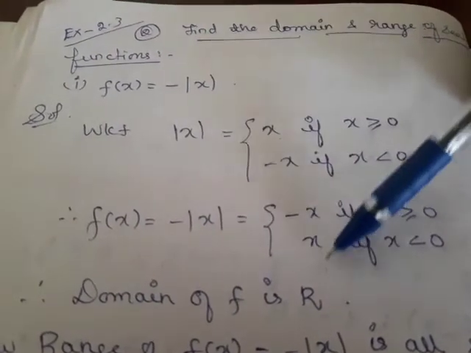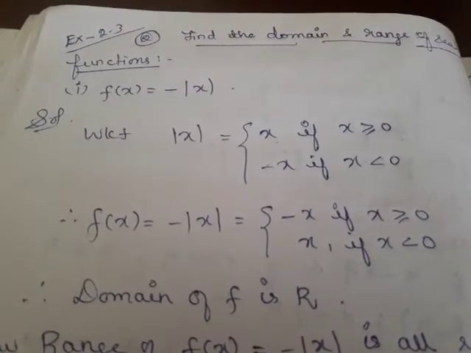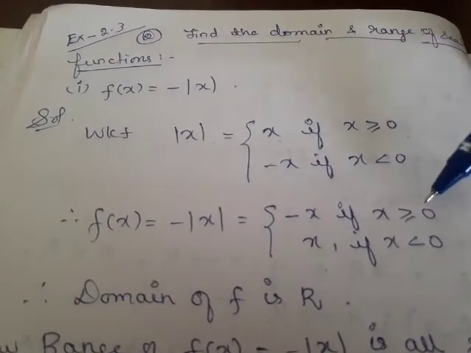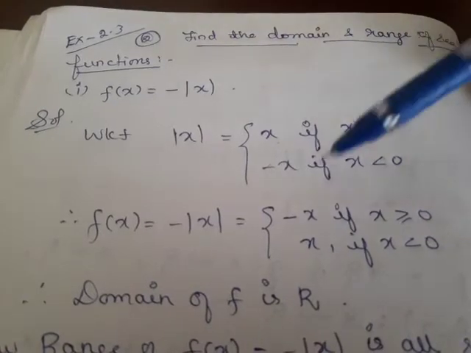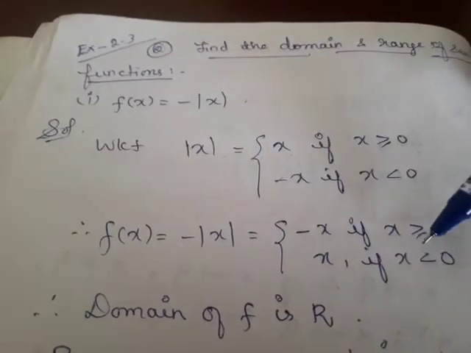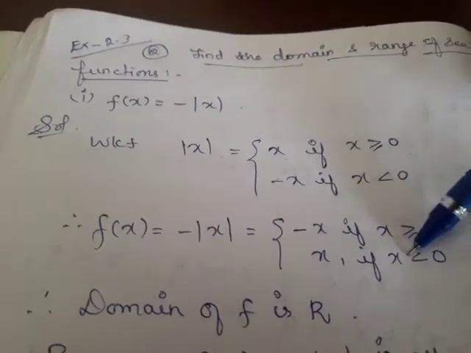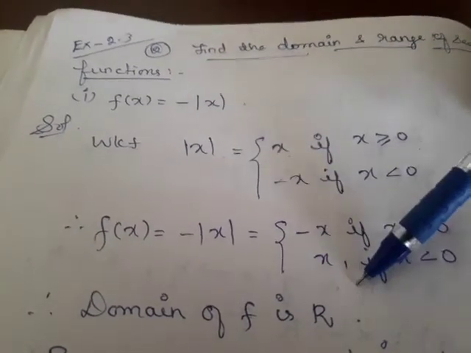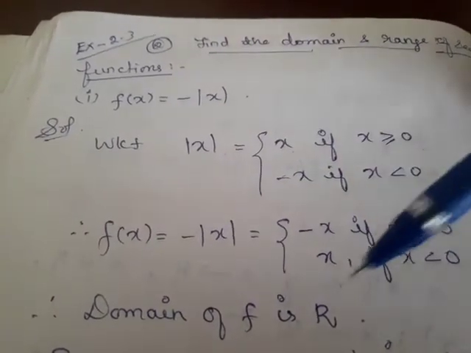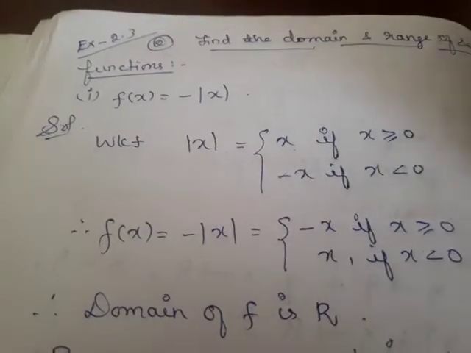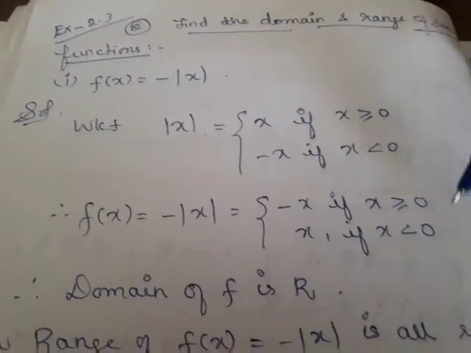In the sense, it will also be a negative number, right? So if we choose a positive number or 0, it will map to a negative number. If we choose a negative number, it will map to itself. Already it's a negative number, so it will map to a negative number only, right? This is what the definition says.